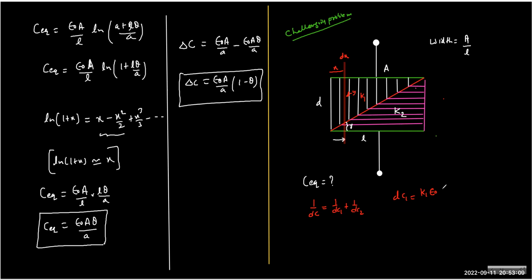A by L dx. And what is the length, like d? D minus y. Very good. So similarly, what is dC2? K2 epsilon naught A by L dx upon y.